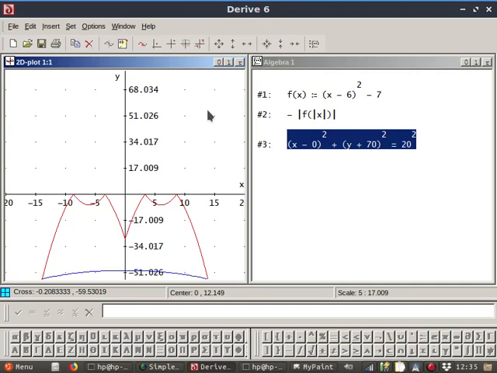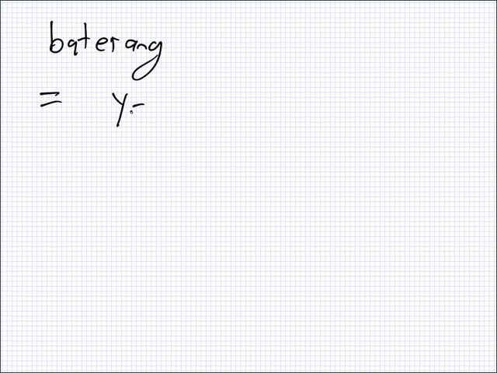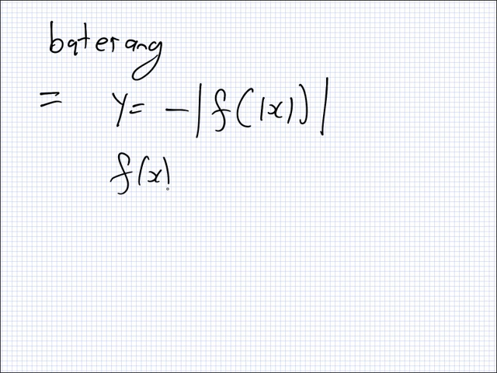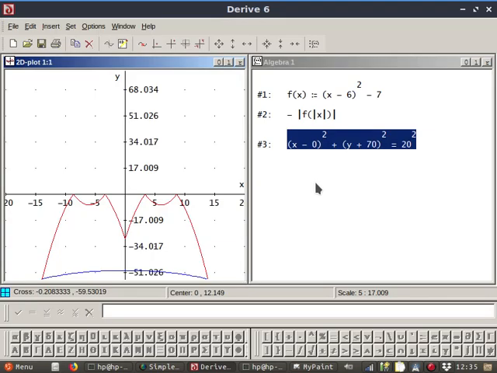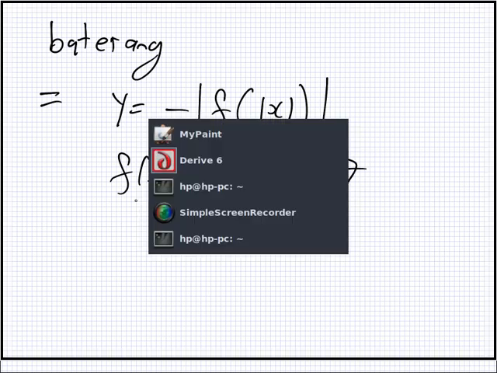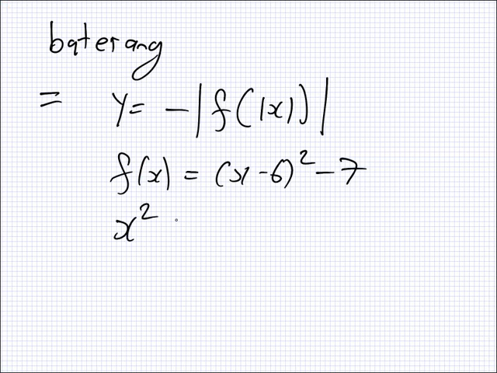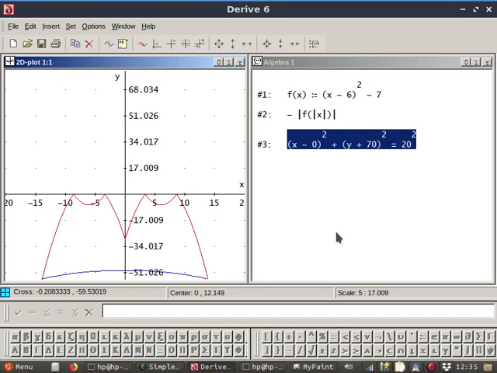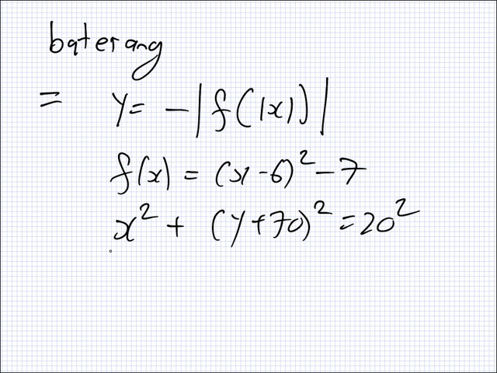So Batarang equals y equals minus modulus f of modulus x, where f of x equals (x minus 6) squared minus 7. You also need a circle: x squared plus (y plus 70) squared equals 20 squared.